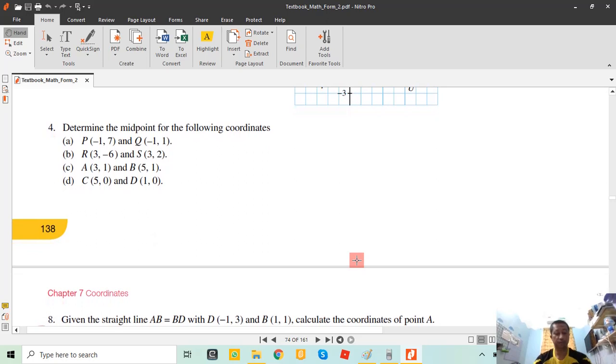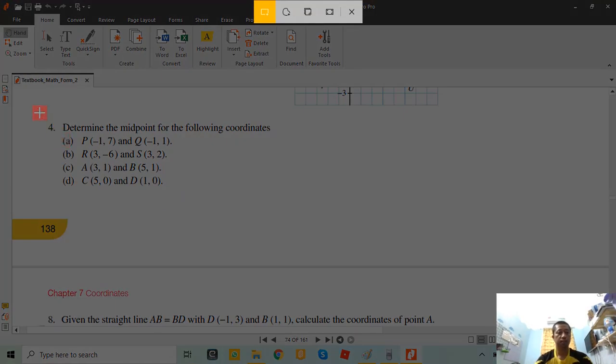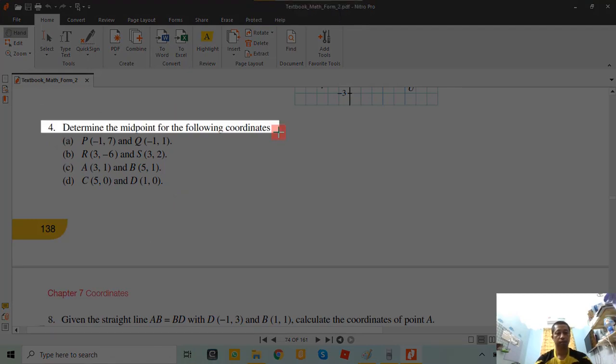Okay, question number 4. There is no diagram. Okay, so let me copy first this one.